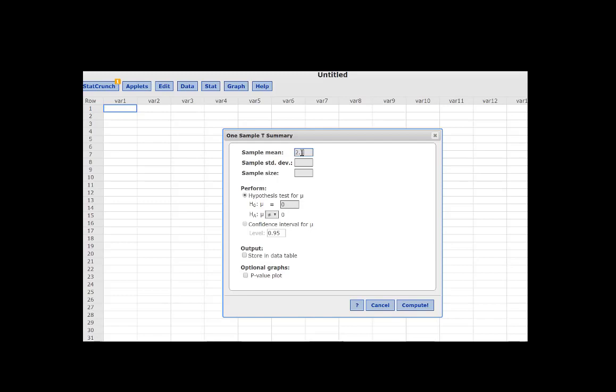The sample standard deviation was 4.8 pounds. And the sample size is going to be 40. Again, we want to do a confidence interval, but this time we want it to be 90%. And let's compute.